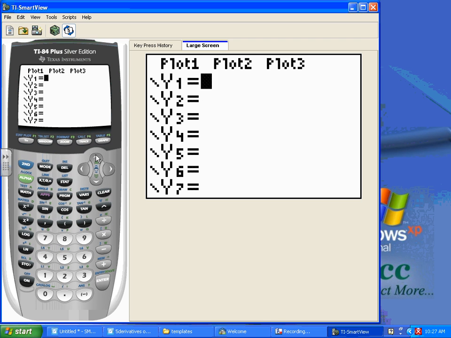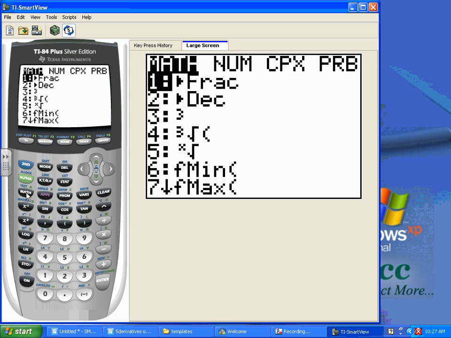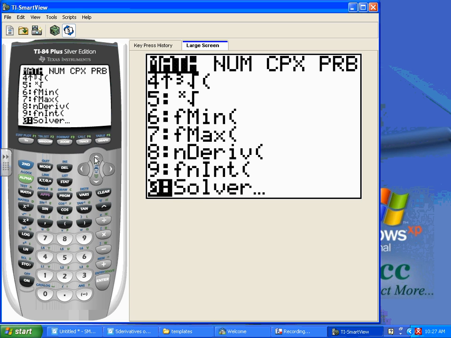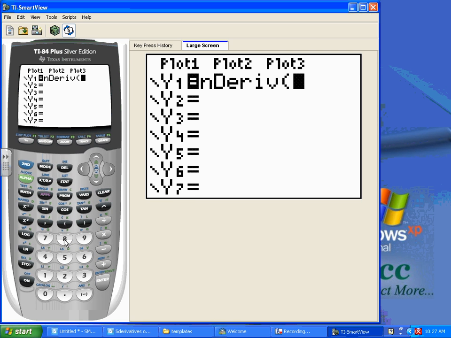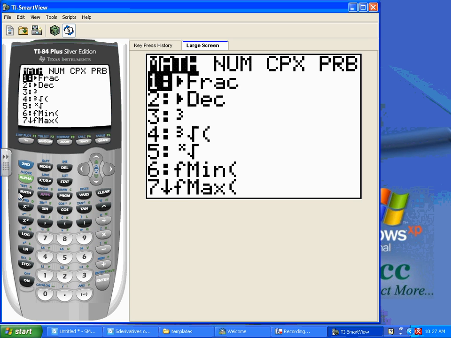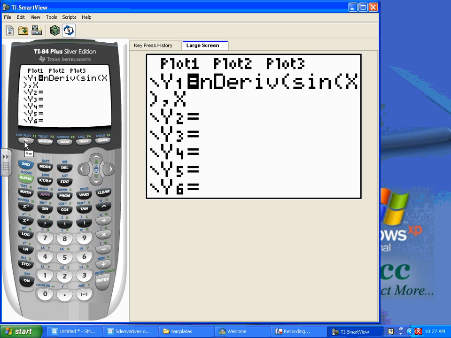And what I want to graph is, there is a command under the math menu called the numerical derivative, which is option number 8, and derivative. I'm going to graph the derivative of the sine function, comma x, you always put the variable, and comma at each x value. We wanted to graph the derivative at each x value.